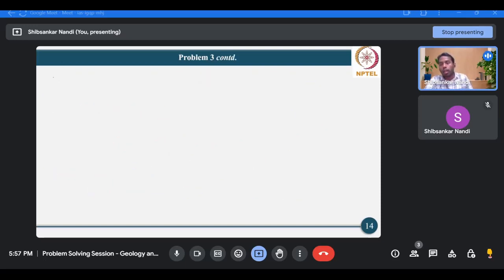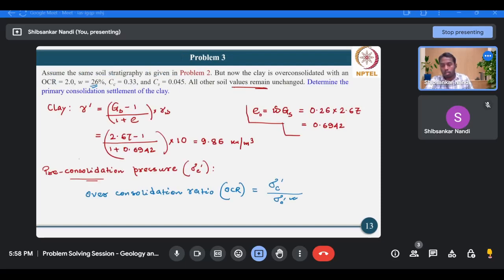So first we'll calculate sigma 0 prime. For the calculation, we will follow the same procedure that we have followed in the last two problems. The initial 2.4 meter sand will use saturated unit weight. In the next 6 meter sand, it will be submerged unit weight. And for the half thickness of the clay, I will use a separate color here.